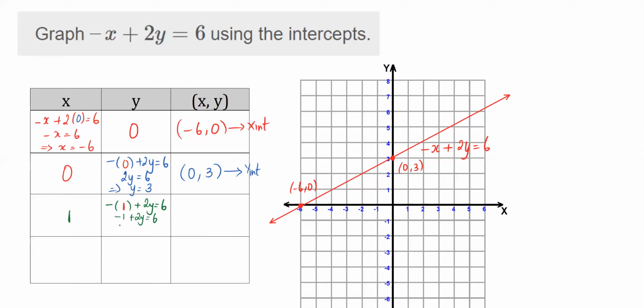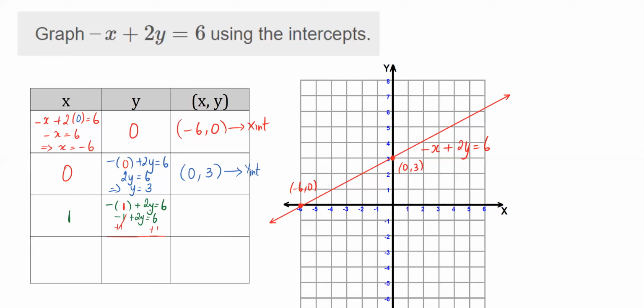So -1 plus 2y equals 6. I need to get rid of the -1 to the other side, so I do +1 on both sides. That gives me, bad choice. I just chose a 1, which did not give me what I desired.